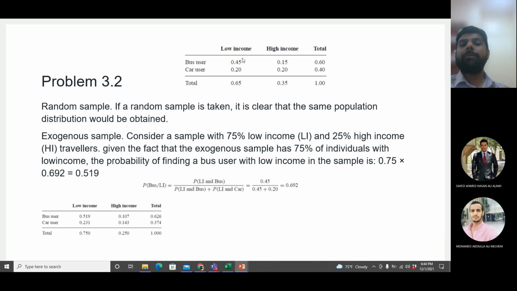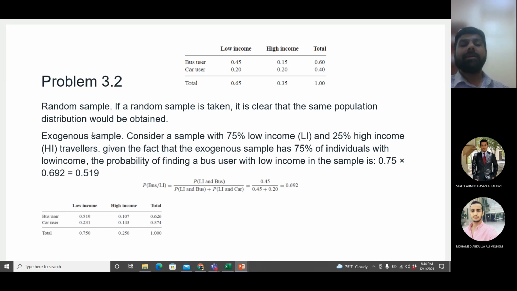Okay. How many people will belong to the low income car user group? 20. So whatever percentages are shown here, they should remain the same in the sample as well. This is the first case, which is random sampling. So you collected the data completely randomly, without any choice, and you got this.